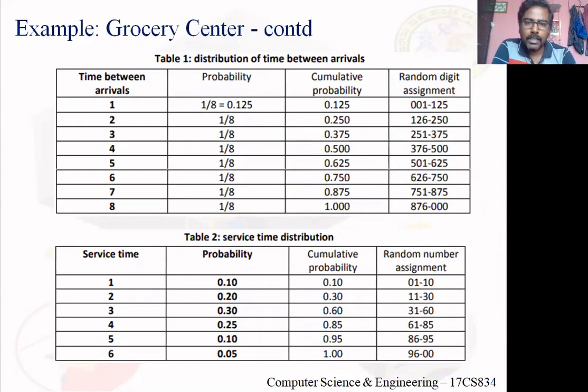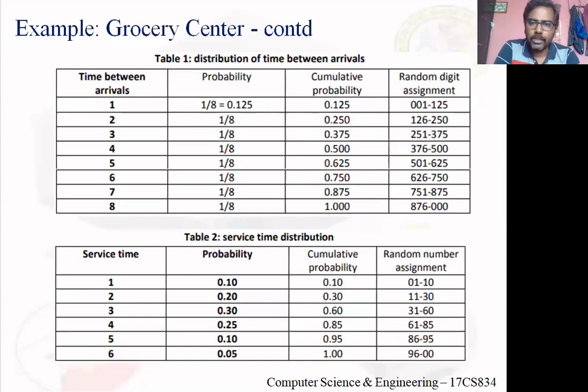Next, 0.375 plus 0.125 is 0.5. Next, 0.5 plus 0.125 is 0.625. 0.625 plus 0.125 is 0.75. 0.75 plus 0.125 is 0.875. 0.875 plus 0.125 is 1. At the last, you should get probability 1.